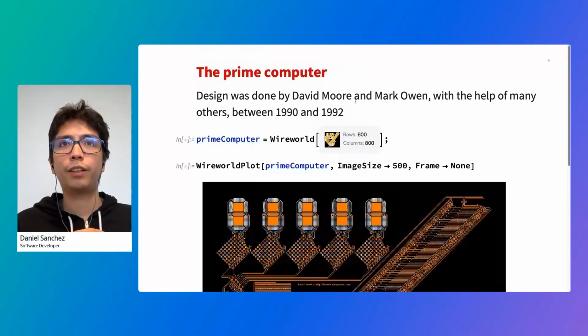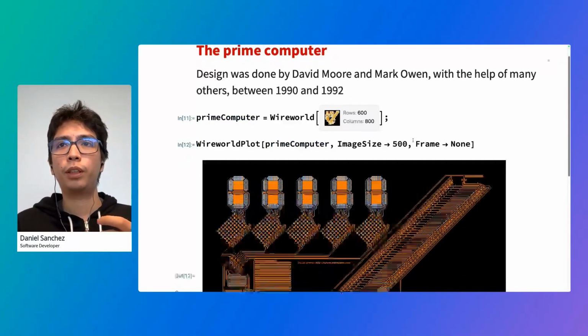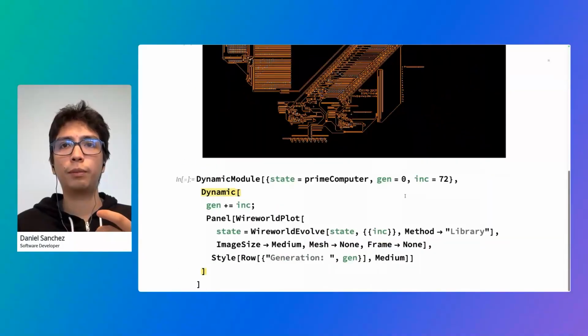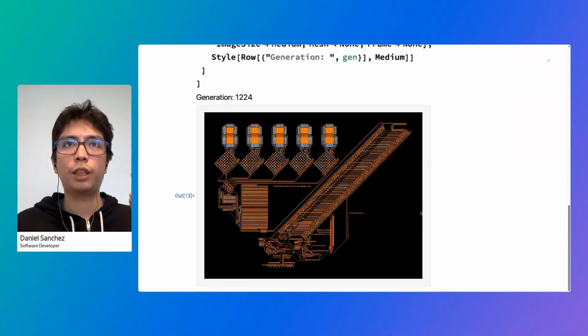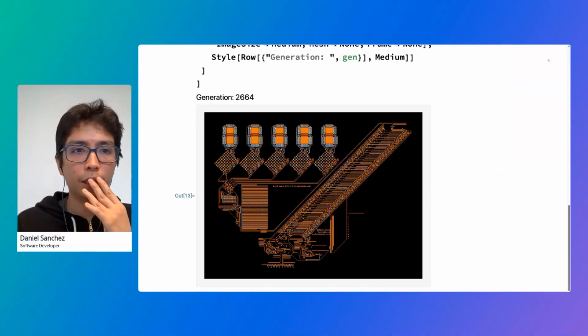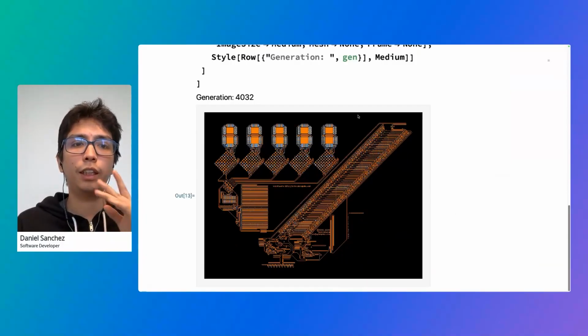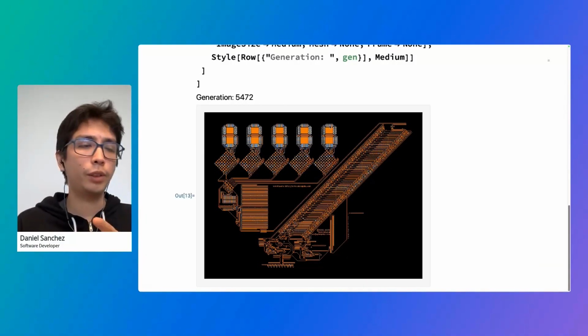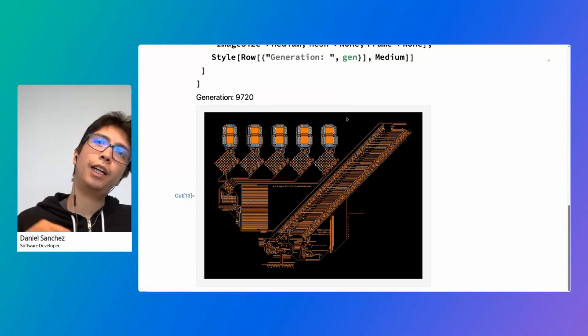Yeah, this is the Wireworld computer again. And we can run some evolutions. According to my notes, at the 11K generation, we will see a 2. And then at the 38K generation, we will see a 3, and so on.